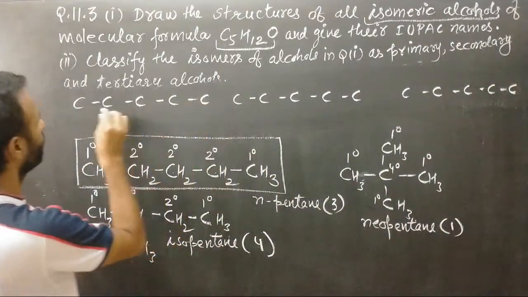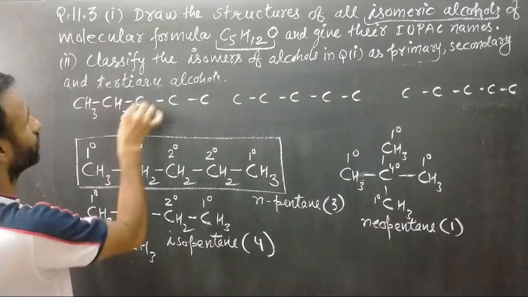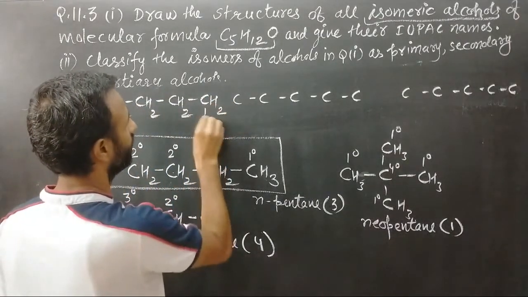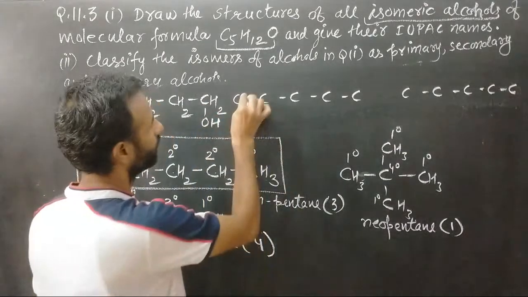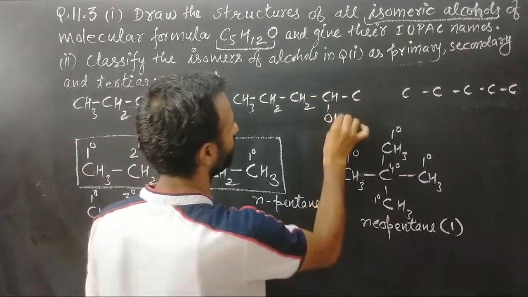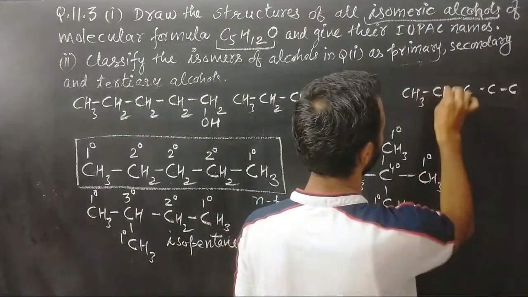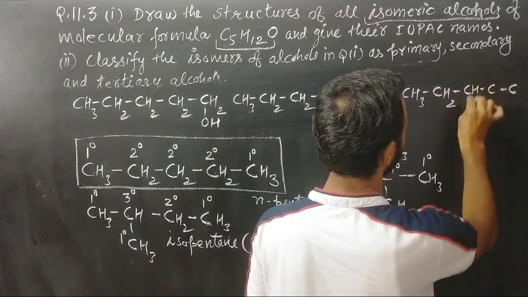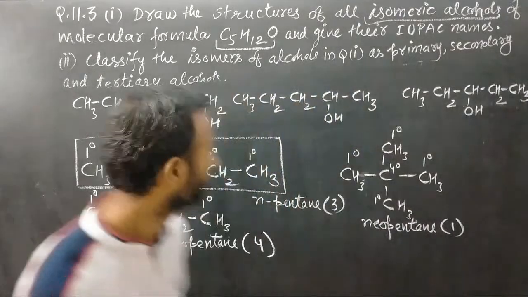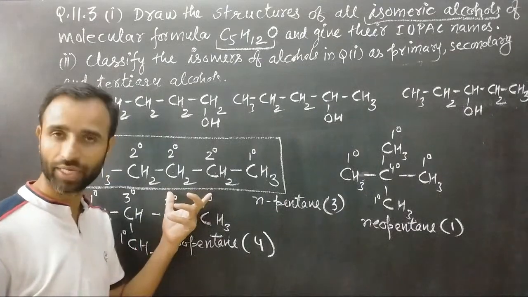So first we attach CH3, CH2, CH2, CH2, CH2 and OH. Then CH3, CH2, CH2, CH, OH, CH3, then CH3, CH2, CH, OH, CH2, CH3. These are the three isomers obtained from normal pentane.